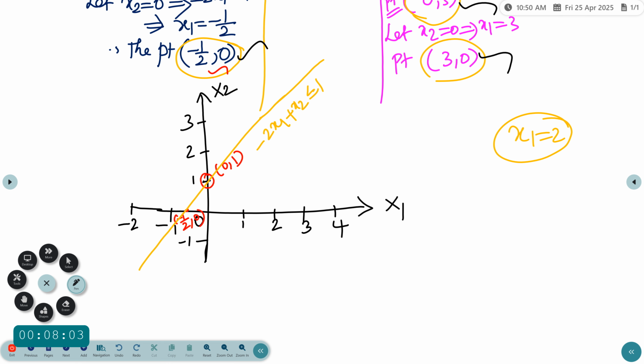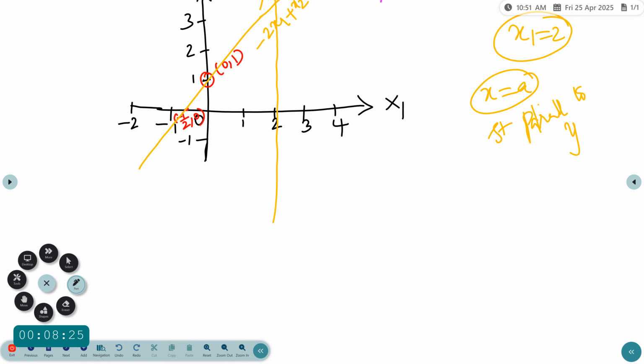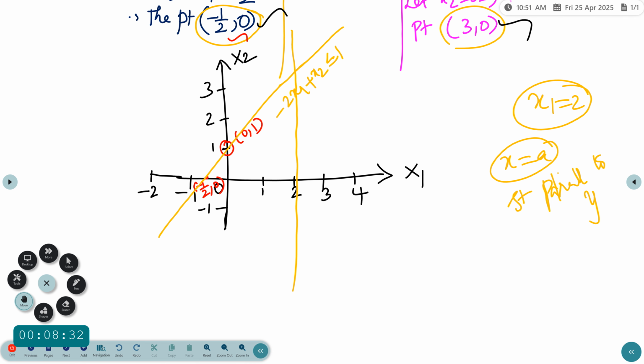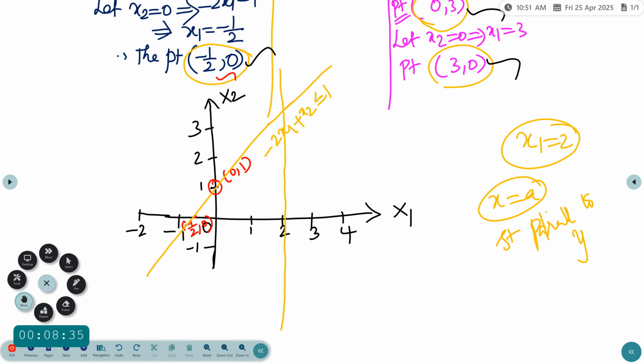That means draw one straight line parallel to the x2 axis. Generally, x equal to a means a straight line parallel to the y-axis. So this is x1 equal to 2.